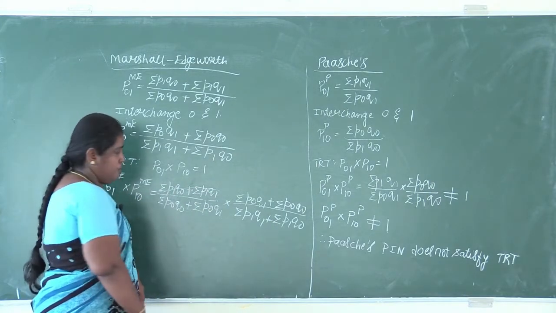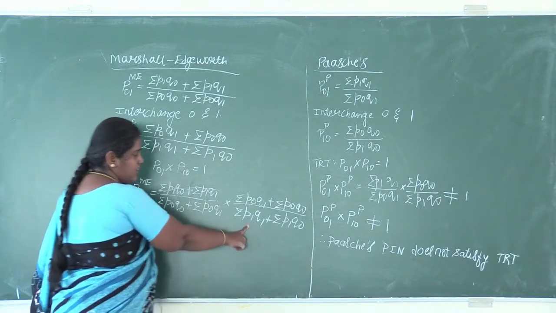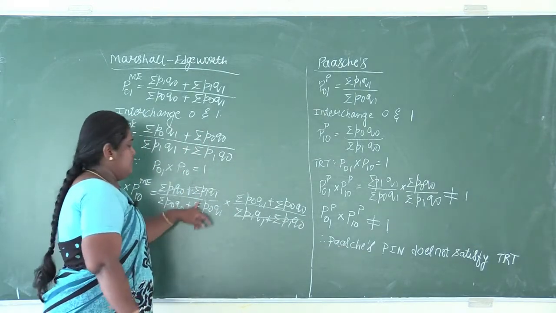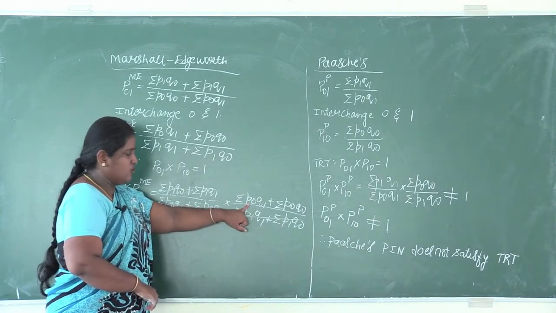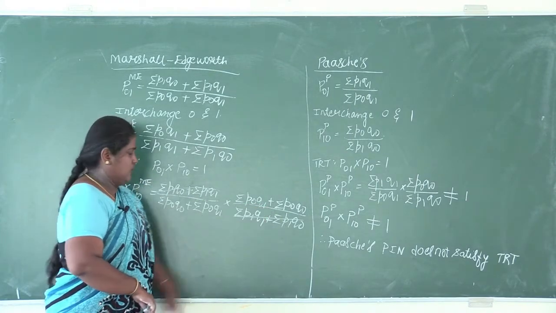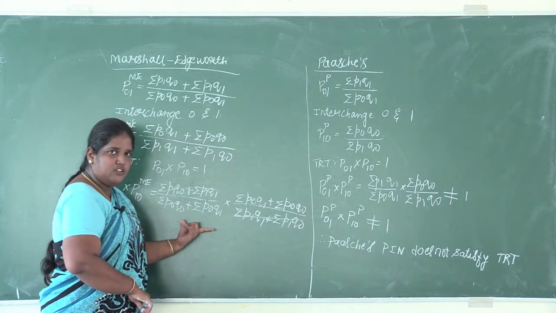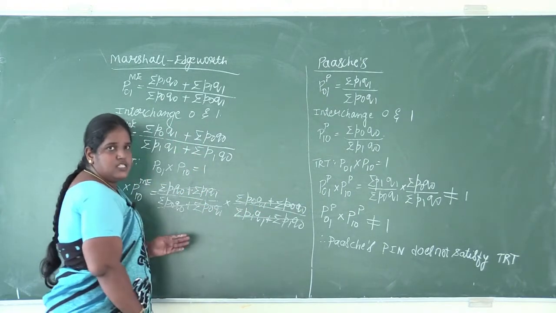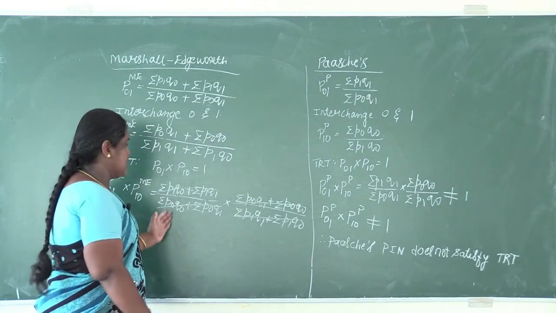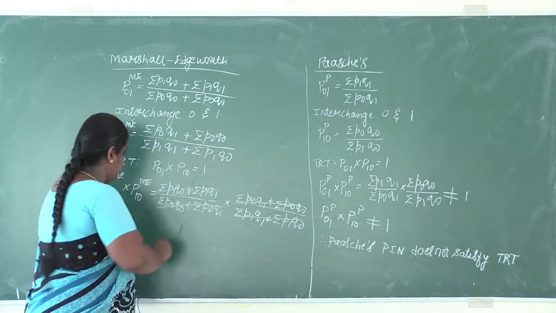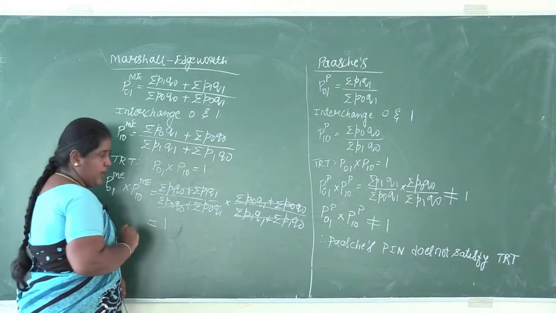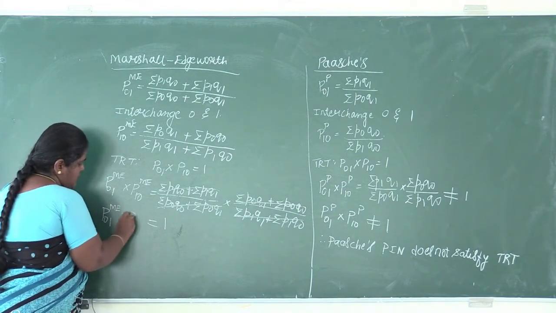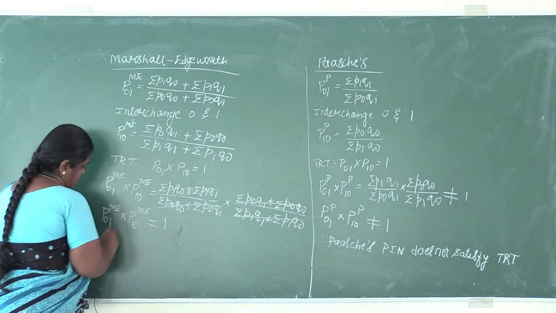Then similarly, we have here P0 Q1, P0 Q0, the same thing it is there in the denominator but only in the reverse order. So again it will get cancelled. Since it is addition, if it is there in reverse order also, we can cancel that. So it is equal to 1. So that means Marshall-Edgeworth index number satisfies time reversal test.